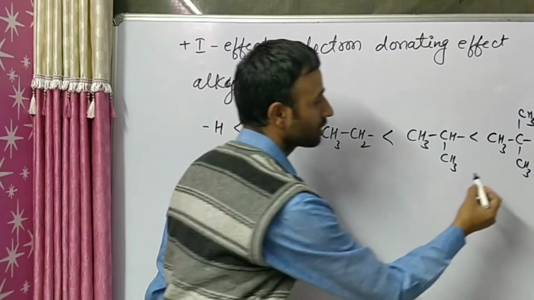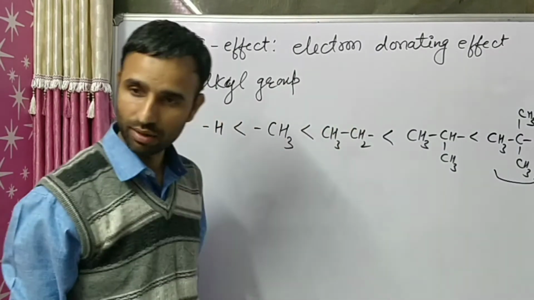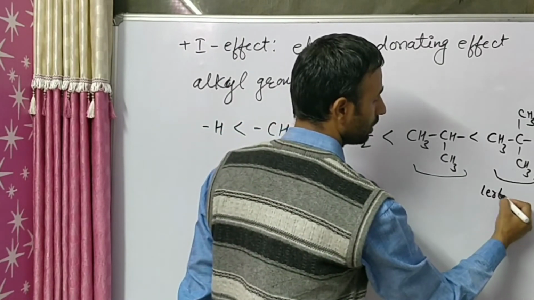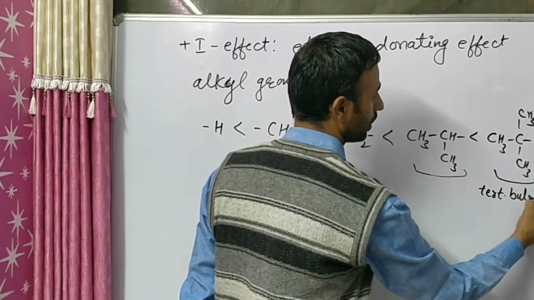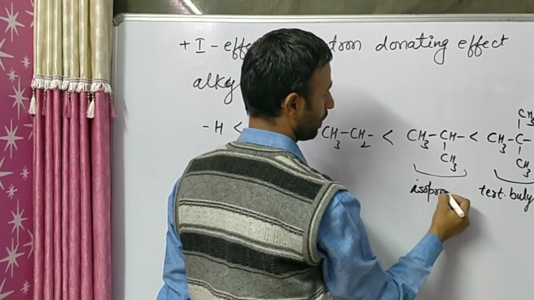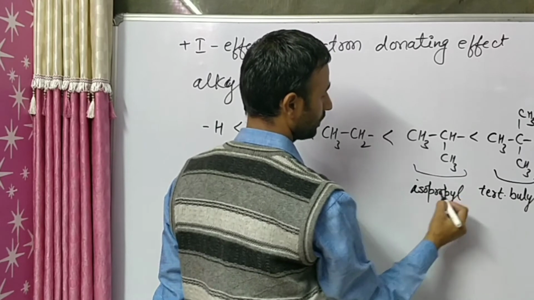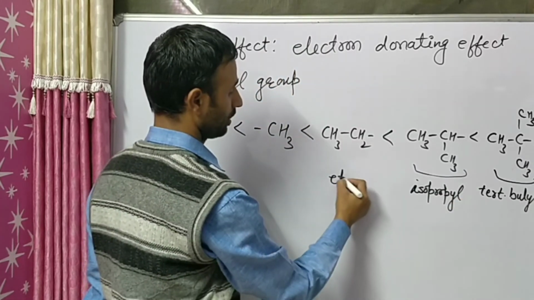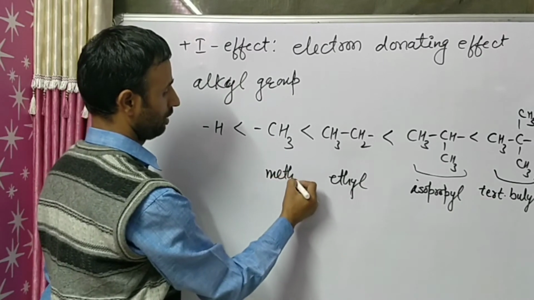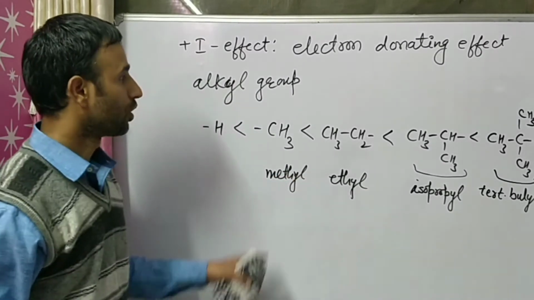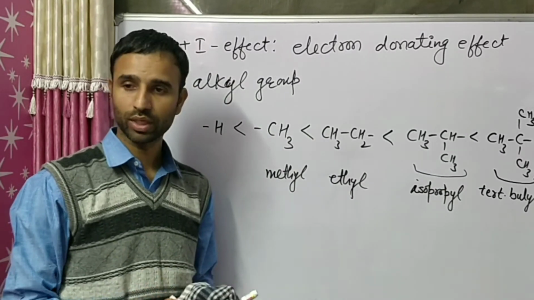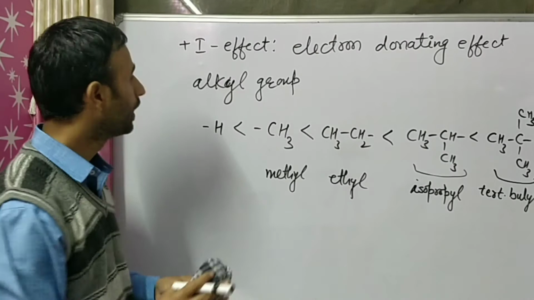So maximum plus I effect is of tertiary butyl. Then isopropyl, then ethyl, methyl. So this is the order of plus I effect. Clear?